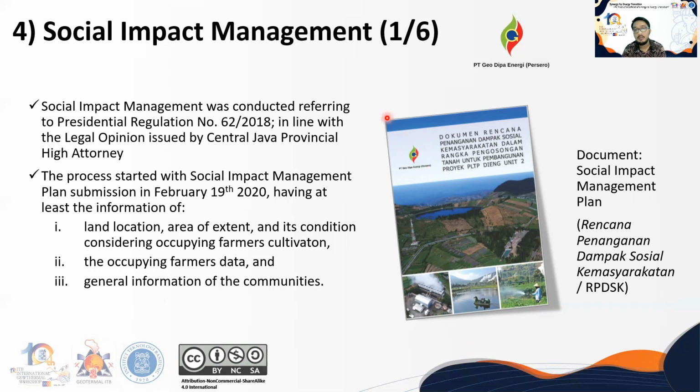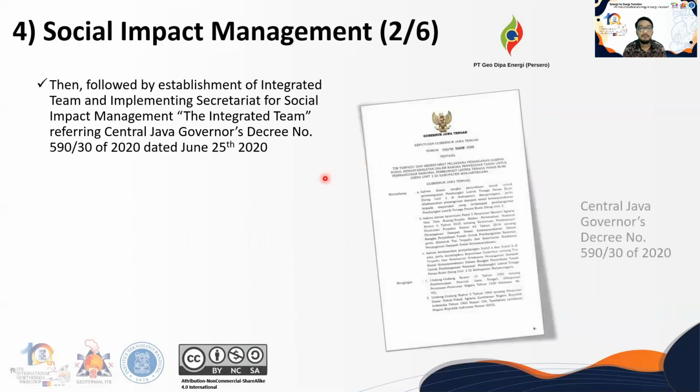As shown here on the right part of the screen is the cover of the Social Impact Management Document, or Rencana Penanganan Dampak Sosial Kemasyarakatan (RPDSK). Following the submission of the RPDSK, the Central Java Governor issued Decree number 59030 on June 25, 2020, concerning the establishment of an integrated team and implementing secretariat for social impact management.